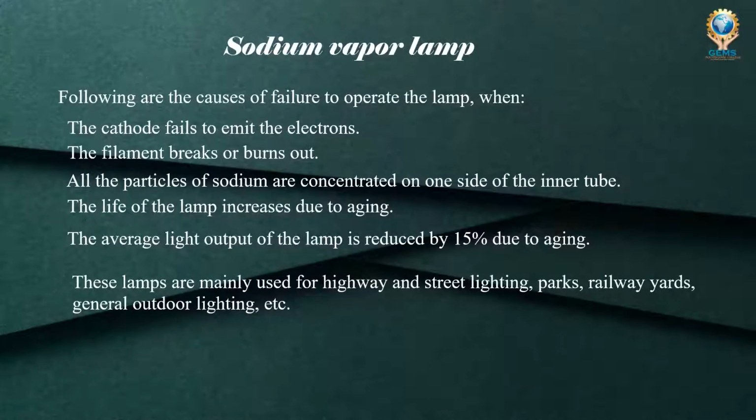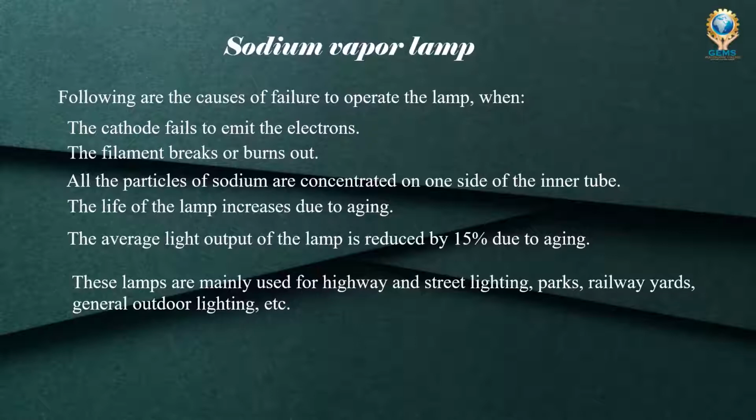These are the reasons for failure of the lamp. The cathode fails to emit electrons; when the cathode fails to emit electrons, the lamp fails. Or the filament breaks or burns out. Also, all the particles of the sodium are concentrated on one side of the inner tube, when actually the sodium should be spread over.